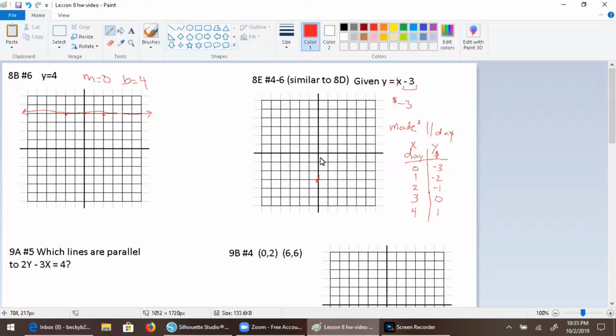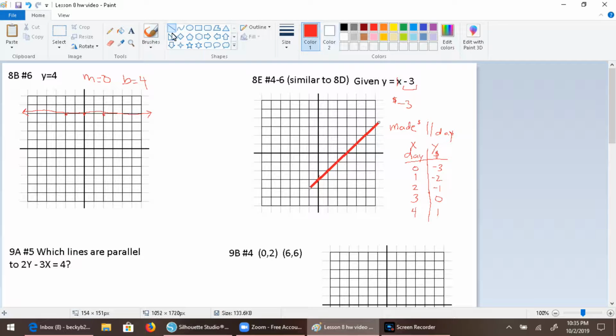At 1, he's at negative 2. At 2, he's at negative 1. At 3 days, he is at $0. At 4 days, he's at 1. Let's do a good job, and I'll connect these with a straight line. There we go.